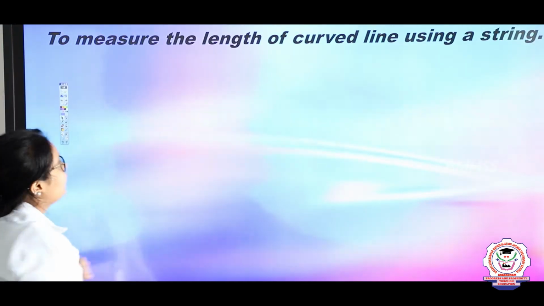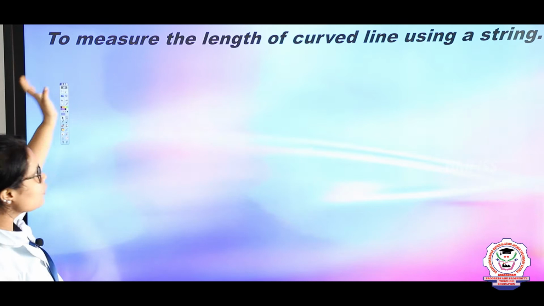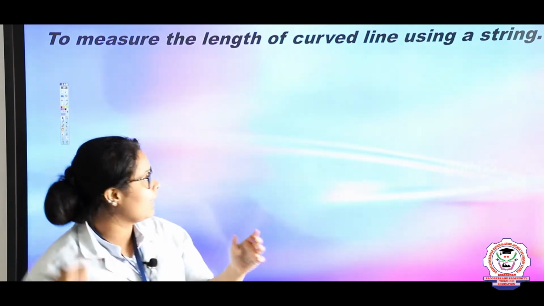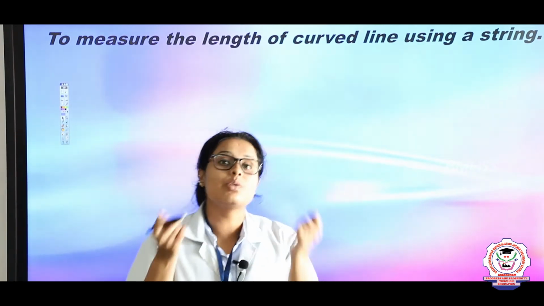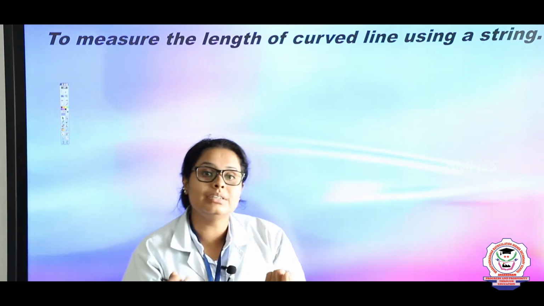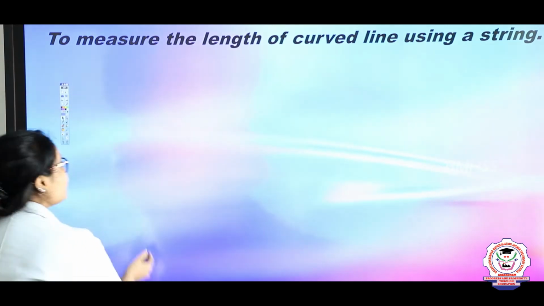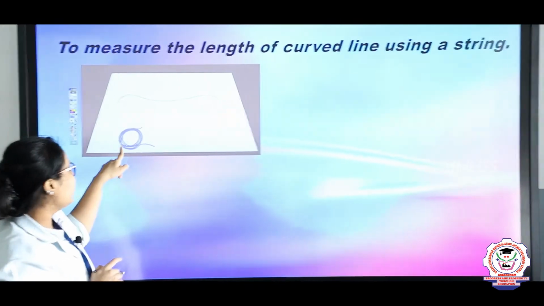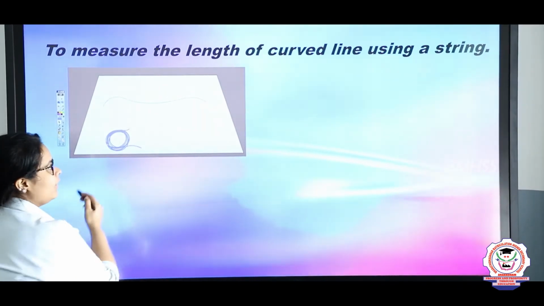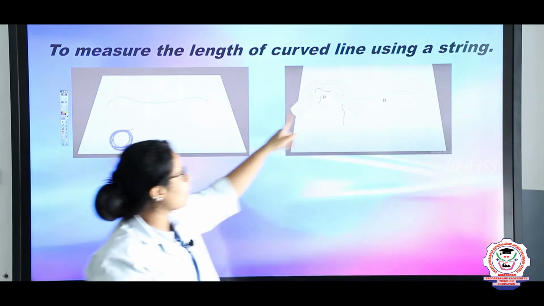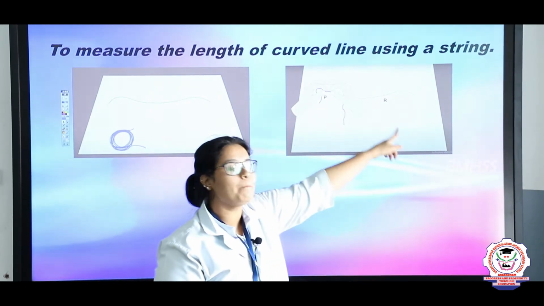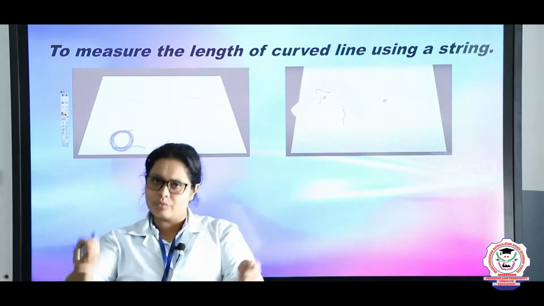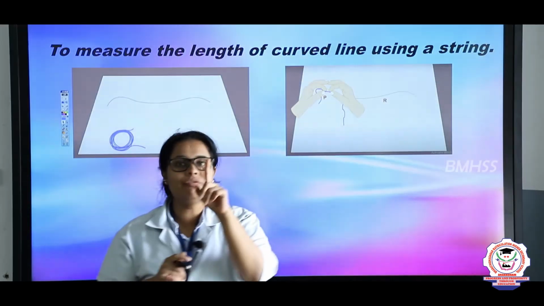In the second experiment, what we have to do? We have to measure the length of a curved line using a string. Here the string we are using is a thread. First, this is the curved line, then we use the thread. We mark the point P and point R, then take the thread and attach it to the first point.